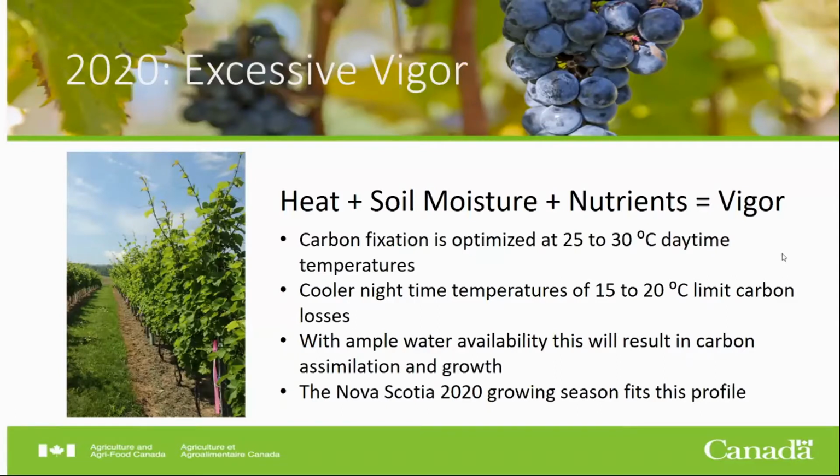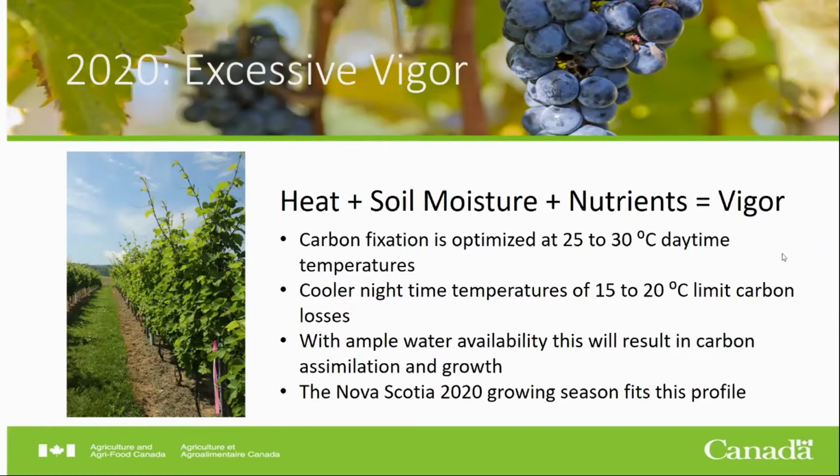The cooler nighttime temperatures of 15 to 20 limit carbon losses, because at night the plants are no longer fixing carbon and they're relying on the sugars that they've made during the day to continue the respiration. If that nighttime temperature is too high, a lot of those sugars are used up as fuel for respiration of the cells.